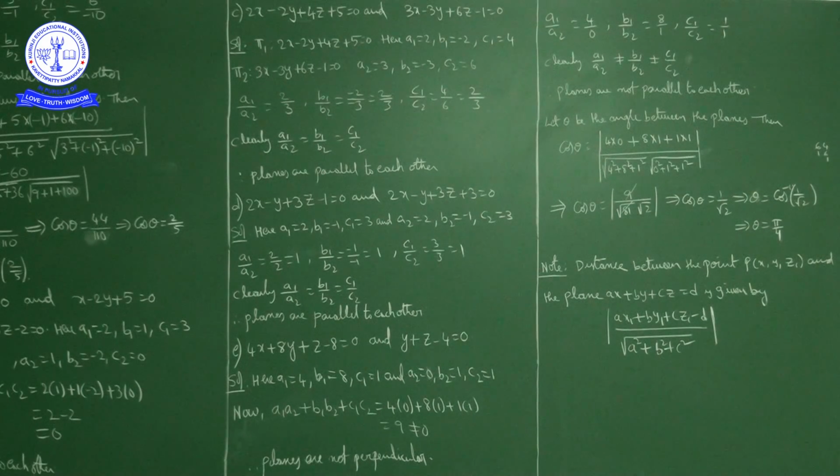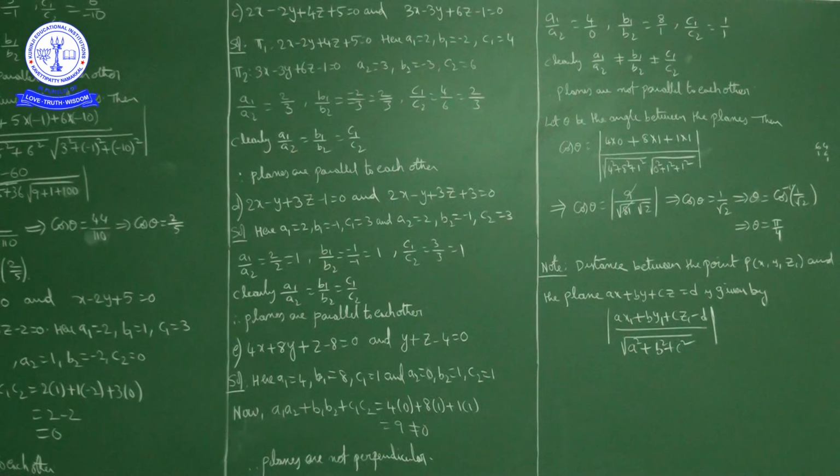Before going to the next problem, we will find the distance between a point and a plane. First of all we'll discuss the formula, and next we'll discuss the problems.